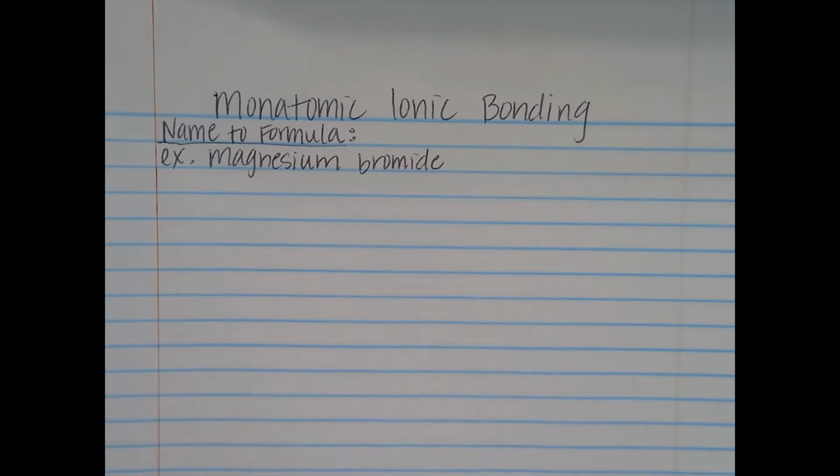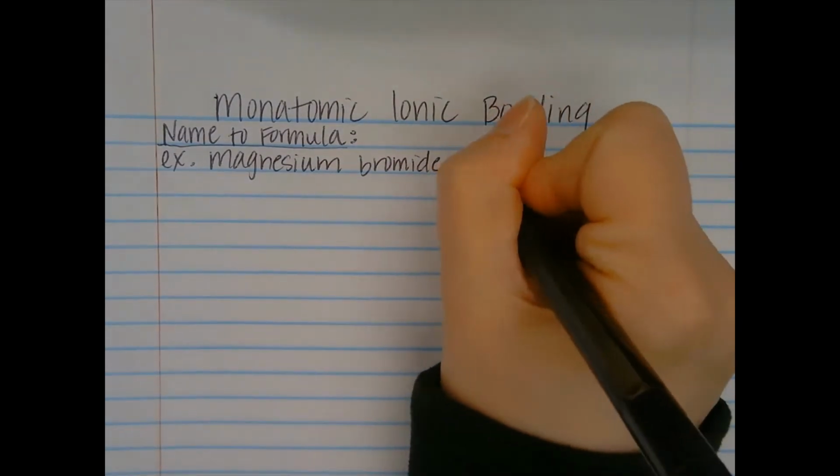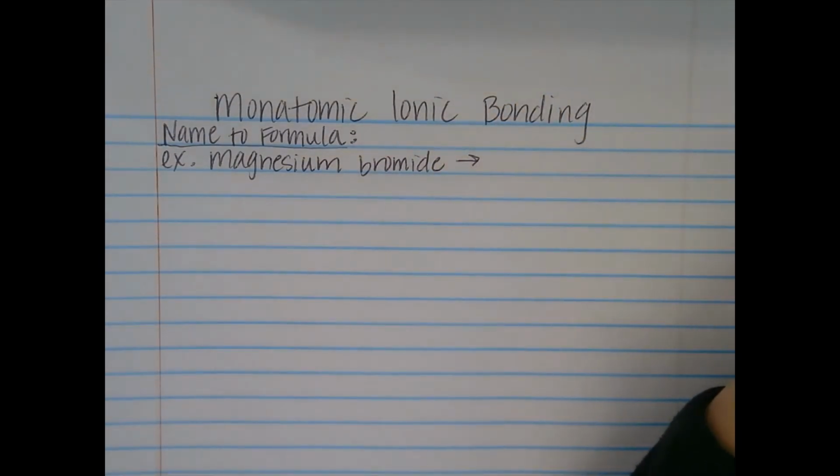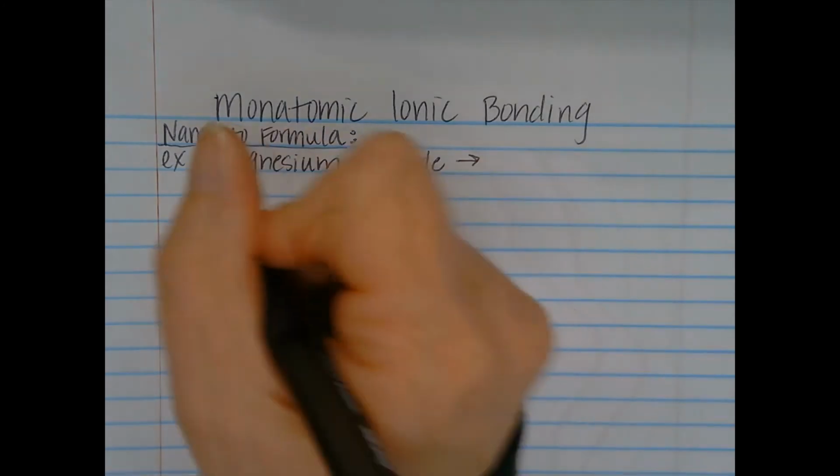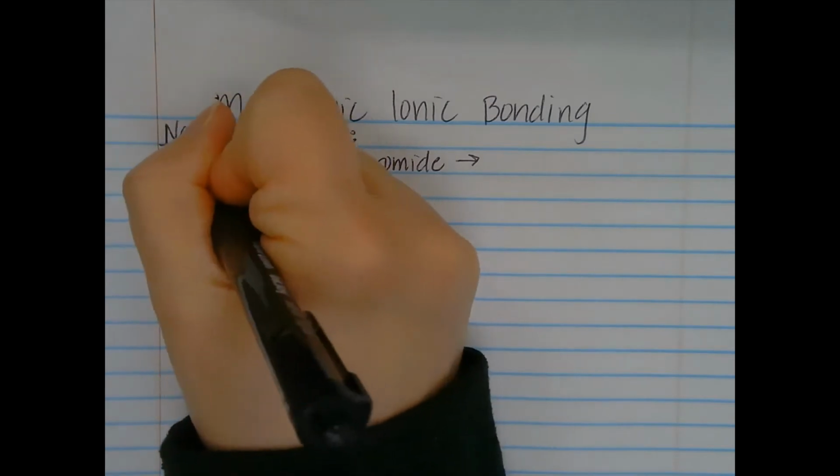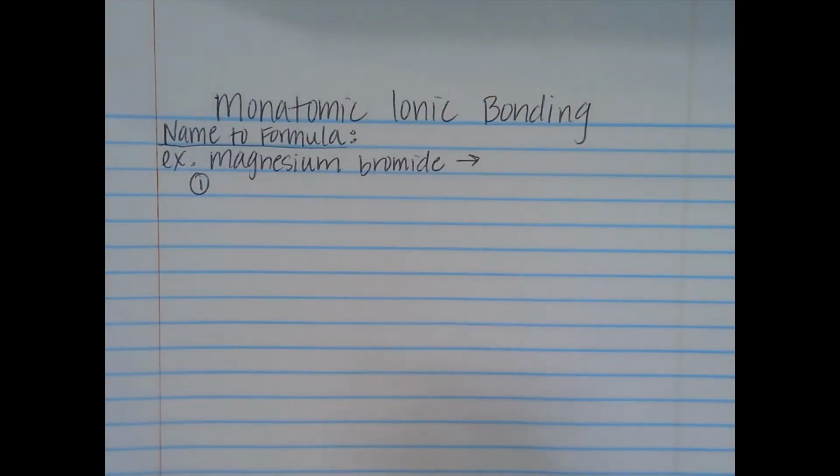Okay, well, magnesium sounds like magnesium, yes? So if we're going to turn this into a formula, the very first thing we would do, so number one, we're going to write the steps out as we do the example so we can connect it to the steps.